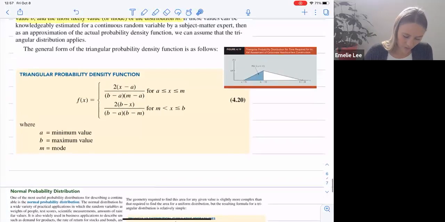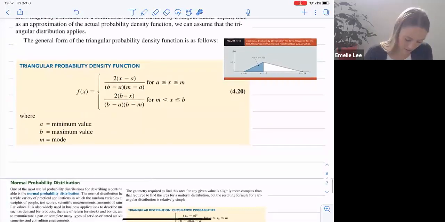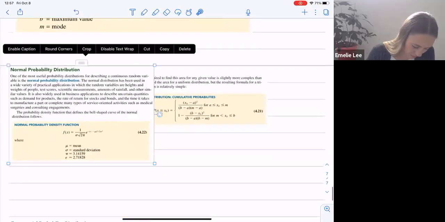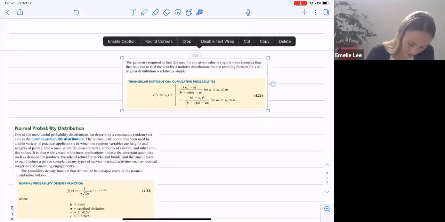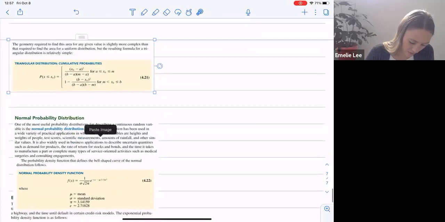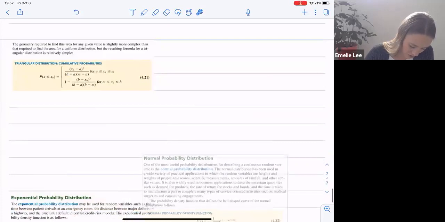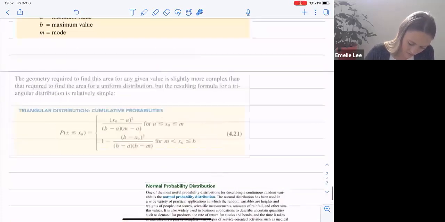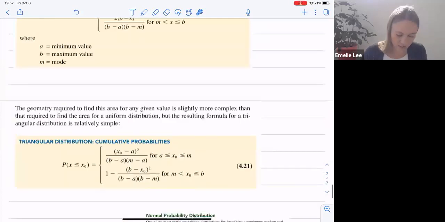Okay, so that's kind of cool. And we can find cumulative probabilities for the triangular distribution as well. Of course, that requires some geometry that maybe we don't want to have to deal with, right?